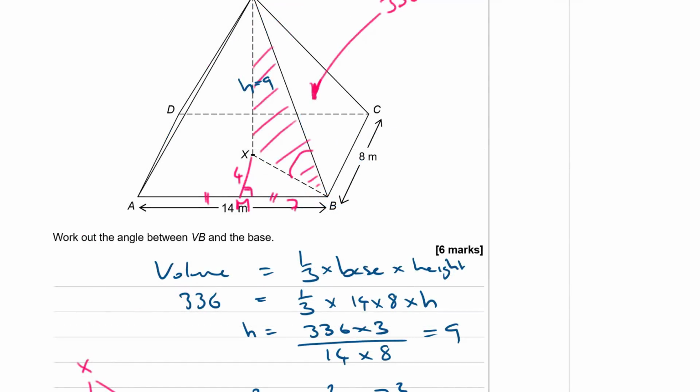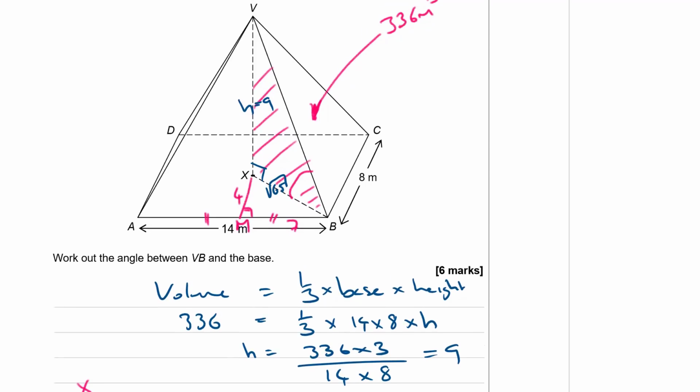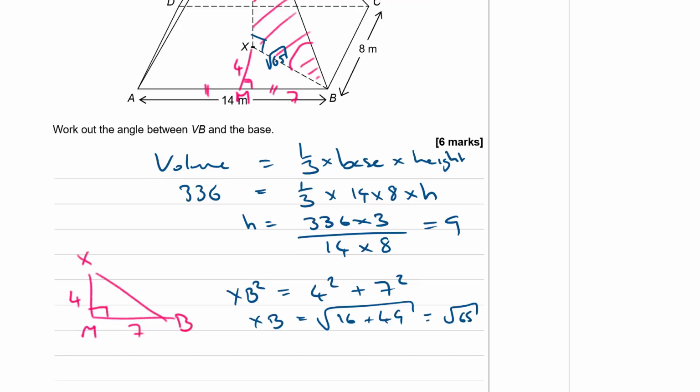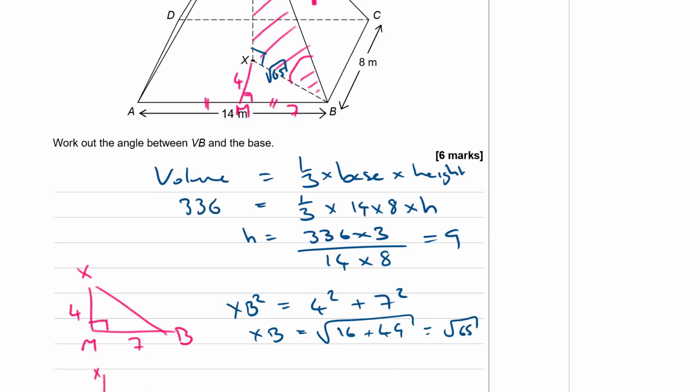Okay, so now we've got this side here, which is root 65, and we know h is 9, and we've got another right angle triangle here. We can then use triangle XBV to work out the angle. So again, let's just take that triangle out and draw it down here. This is the tip of my triangle, so it's V, isn't it, at the top.